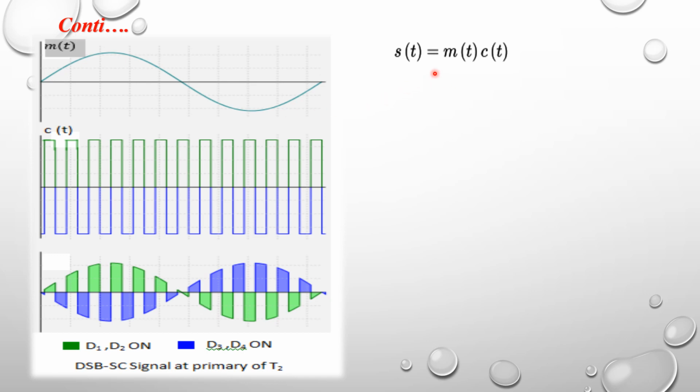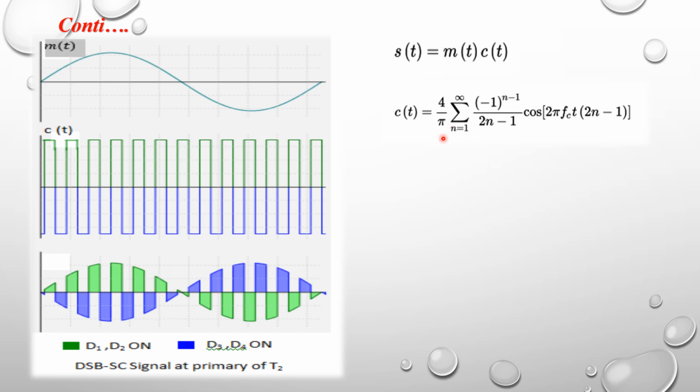We know that s(t) is the mathematical representation of the modulated DSBSC wave, so s(t) is equal to m(t) into c(t). The message m(t) is the sinusoidal signal, equal to Am cos 2 pi fm t, and c(t) is the periodic pulse.